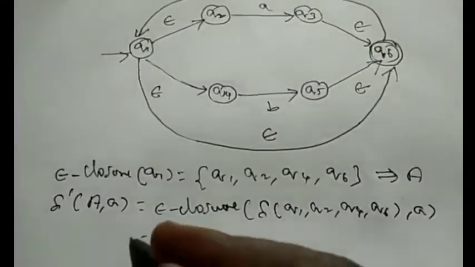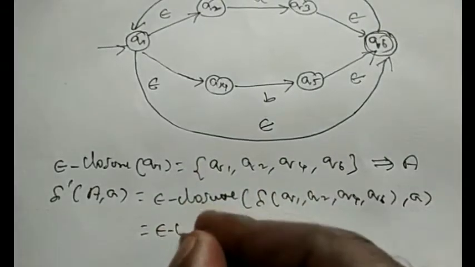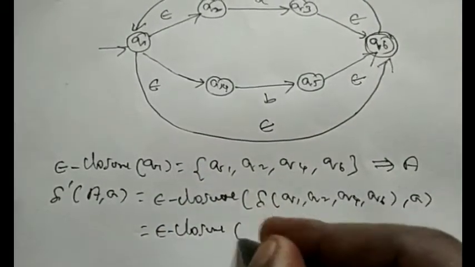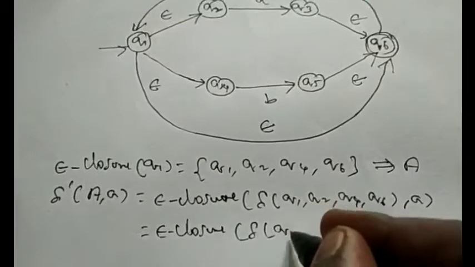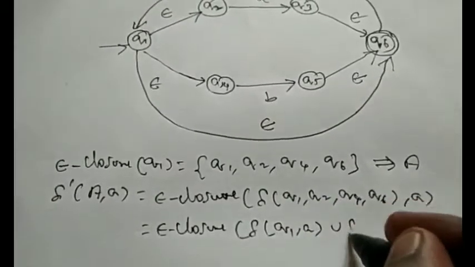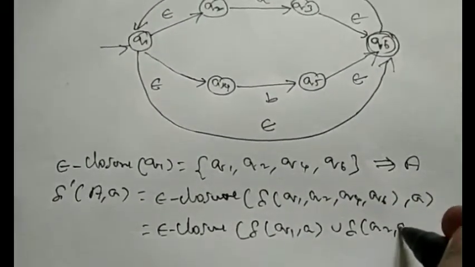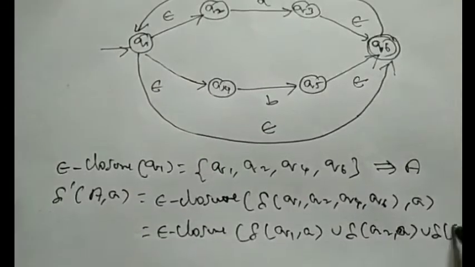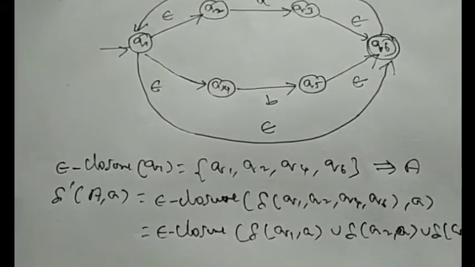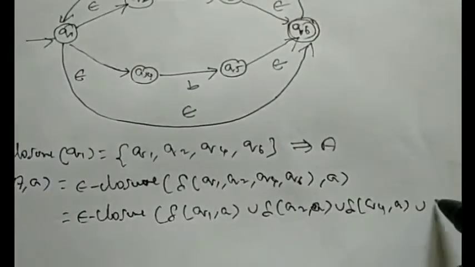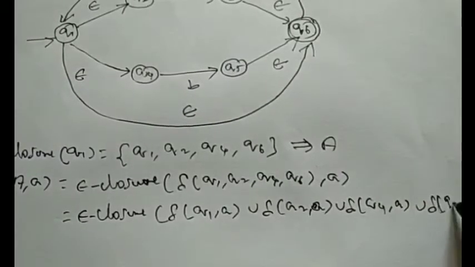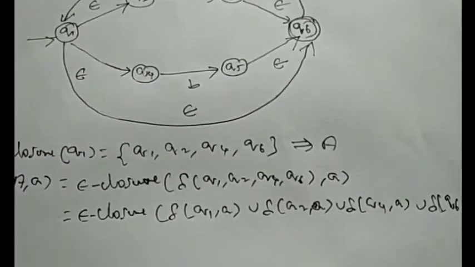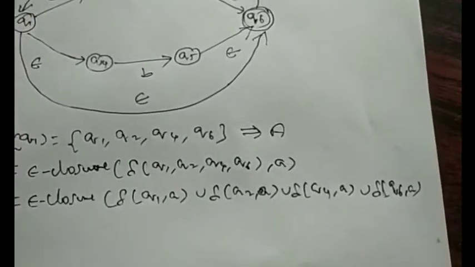This is equivalent to epsilon closure of delta(Q1, a) union delta(Q2, a) union delta(Q4, a) union delta(Q6, a).